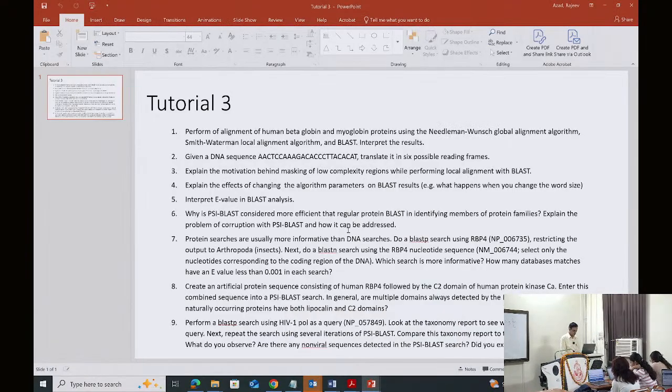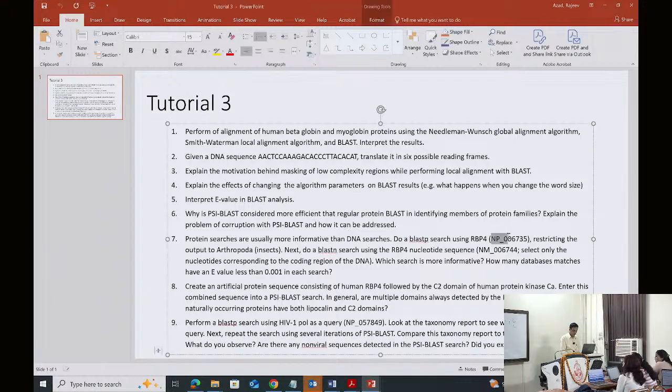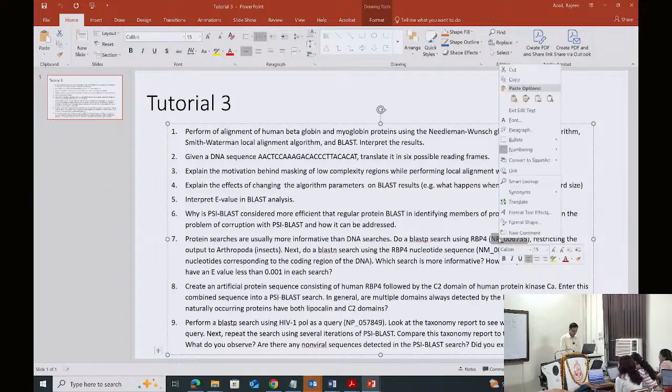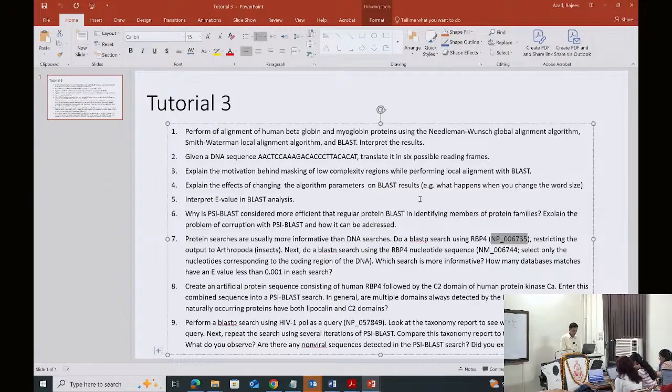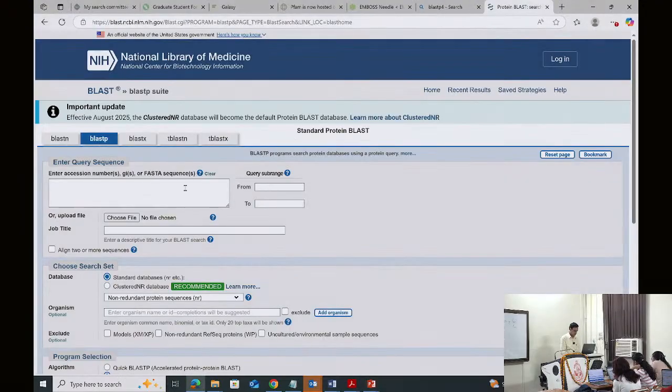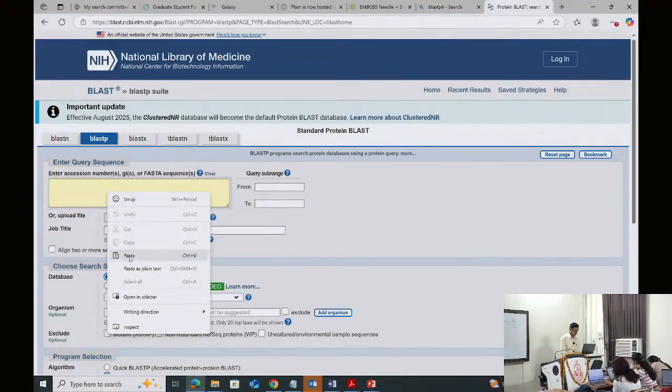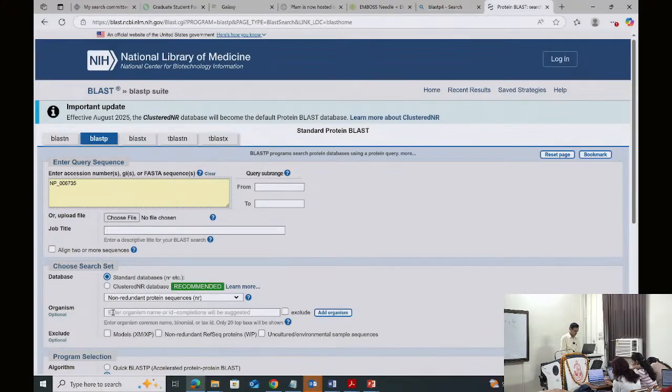Retinol binding protein. Restrict to Arthropoda. Restricting organism.